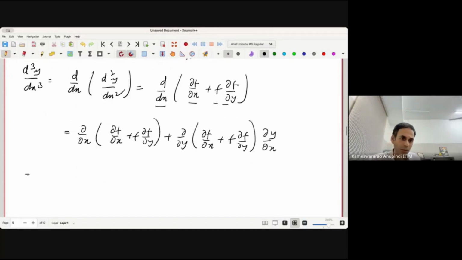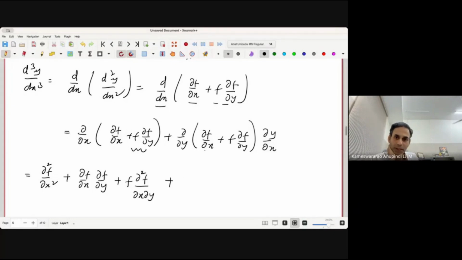Now this is going to have a lot more terms. The first term is dou square f by dou x square, plus the second term is f dou f by dou y. If I operate this, it's going to be partial f partial x times partial f partial y, plus if we operate partial x on the second term, that's going to be f times partial square f partial x partial y. Then again, here you would get dou by dou y, and partial y by partial x is nothing but f of x, y.